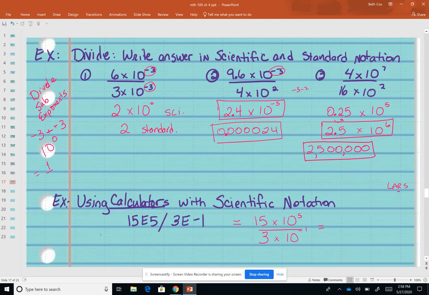And so that would be 5, because 15 divided by 3 is 5. And then we've got to subtract 5 minus negative 1. That will be 6, so 5 times 10 to the 6. And so on the calculator, the answer would be 5E6. That's what it would look like on the calculator.